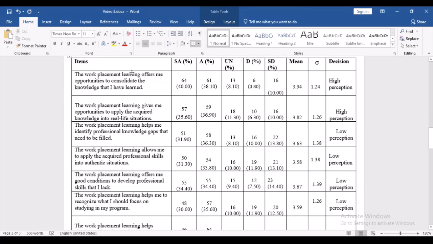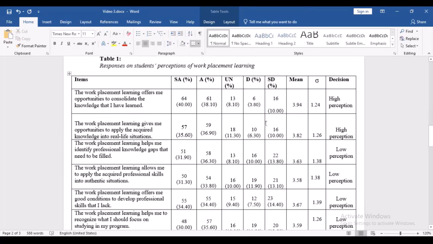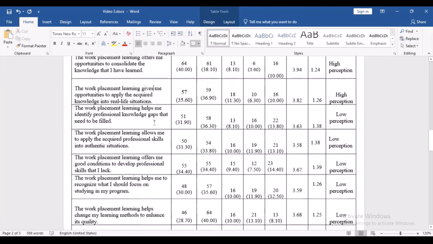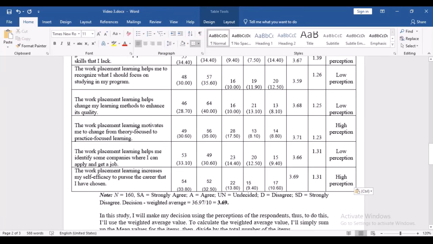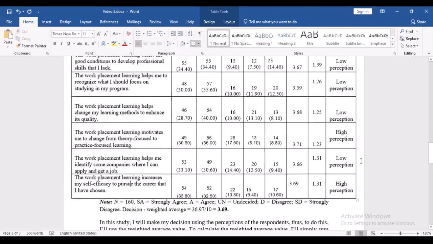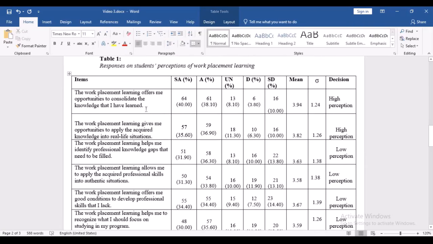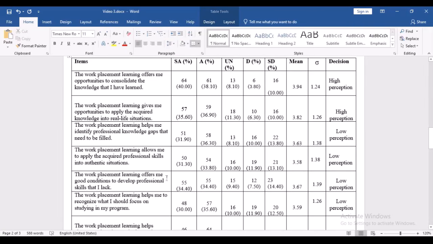So you can see that in the whole 10 items that we have, the majority of the students perceived highly that items number one, number two, number seven, number eight, and number 10 apply to them. It is not a must that all you find in your descriptive statistics must be positive.